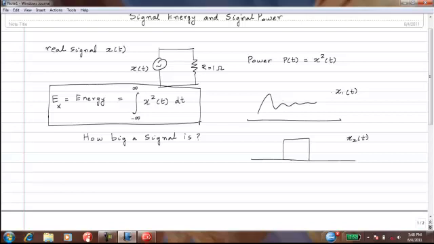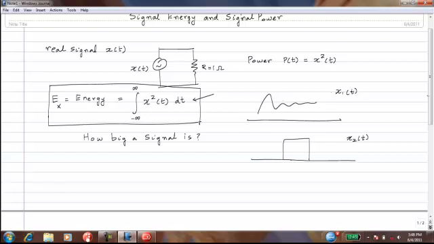Of course, using this particular definition of energy to decide which of the two signals is bigger is completely arbitrary. You could have defined something else, for example the maximum value taken by the signal, or the maximum of the absolute value, or the integral of the absolute value, or anything like this.